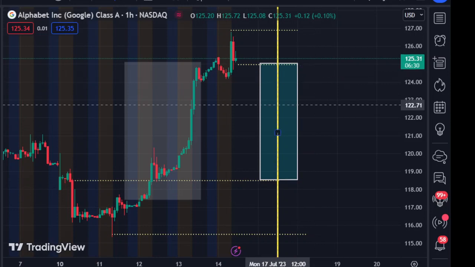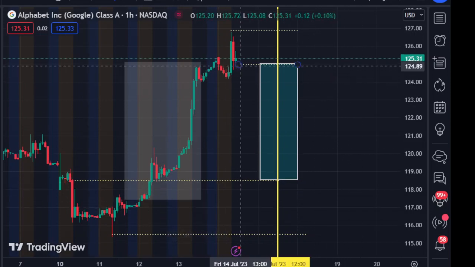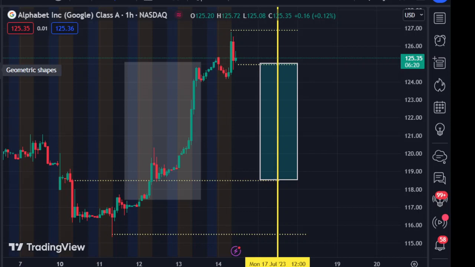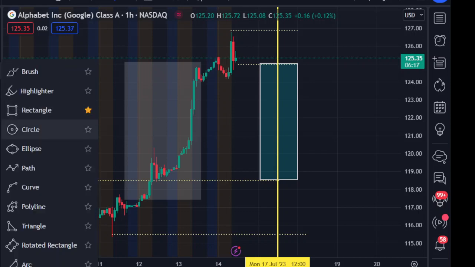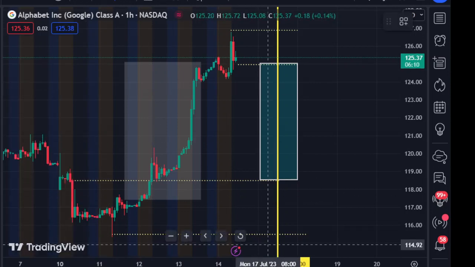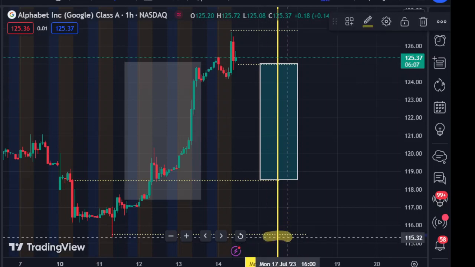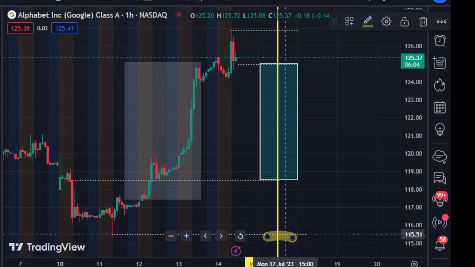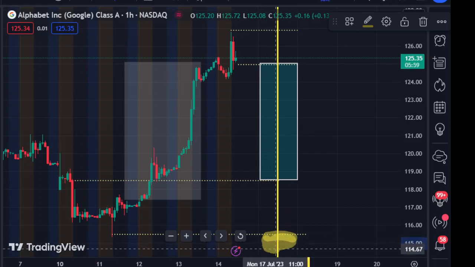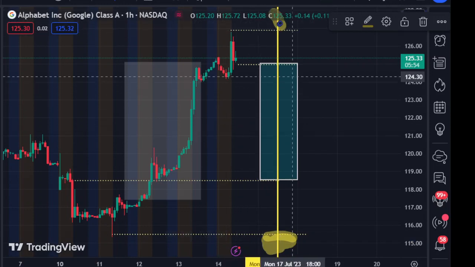Okay, so now you can picture this, right? When you look at this candle, don't look at this part, and don't look at this part on top. Sorry.